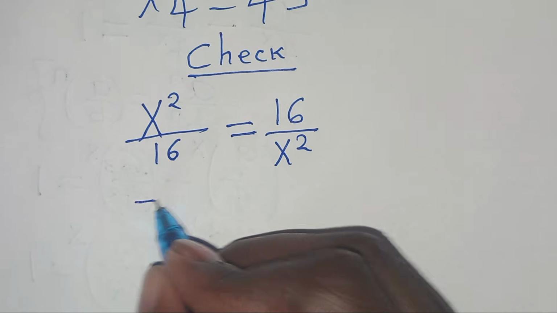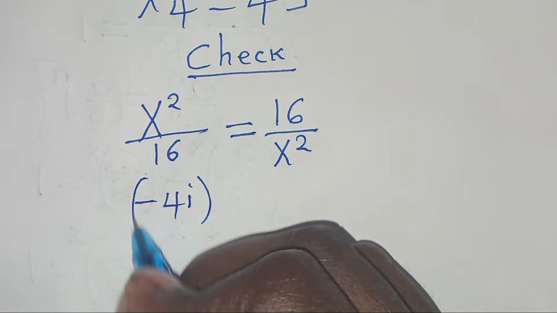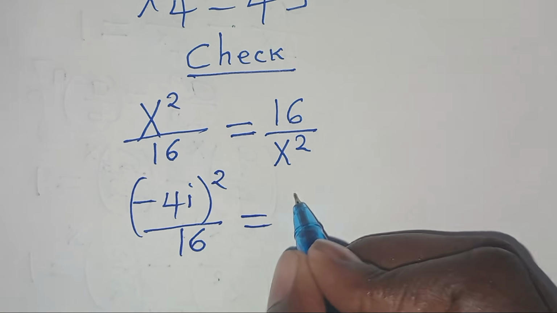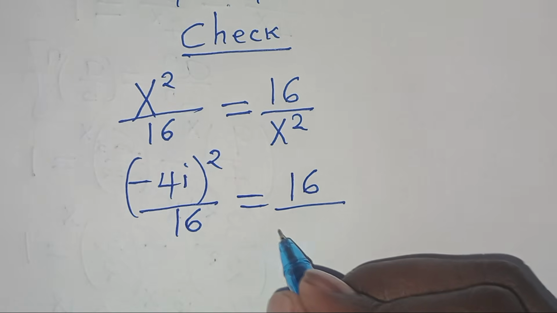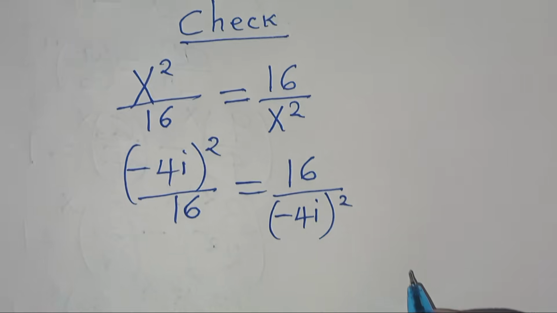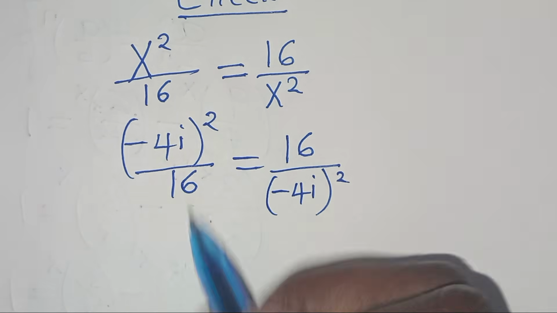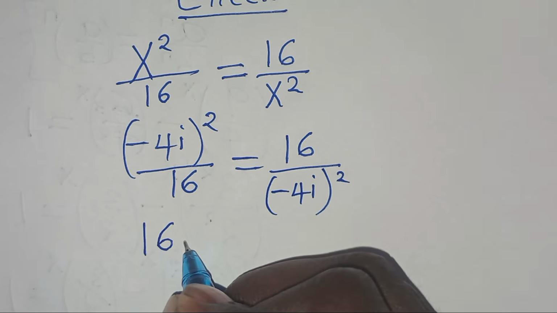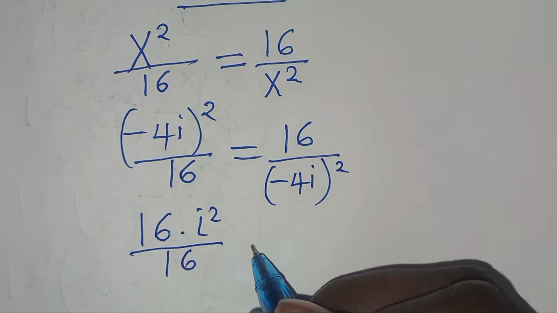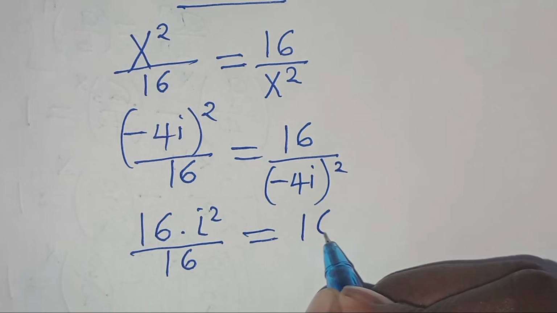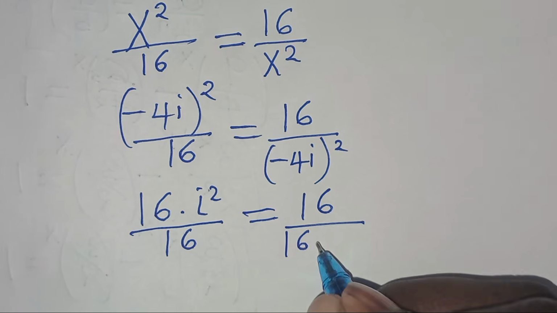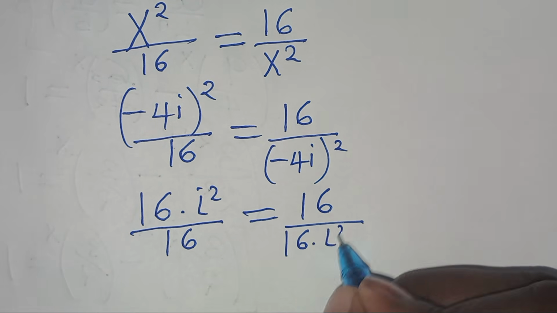We have (-4i) raised to the power of 2 divided by 16, equal to 16 divided by (-4i) raised to the power of 2. So here we have -4 squared, which is 16 multiplied by i squared, then divided by 16, equal to 16 divided by 16 times i squared.